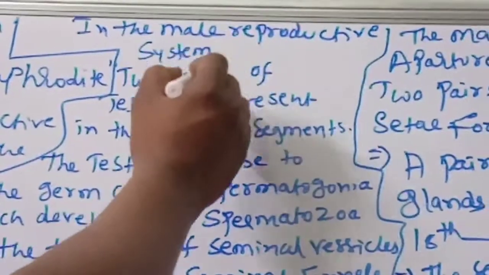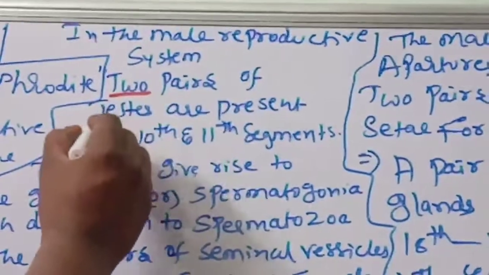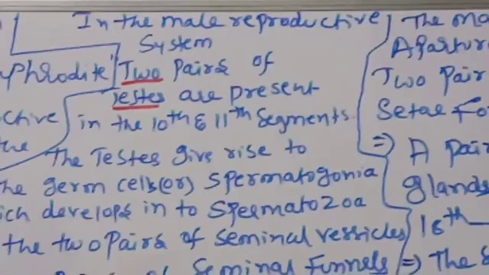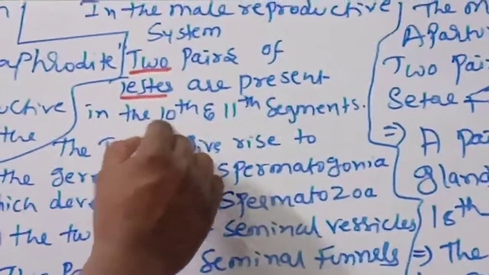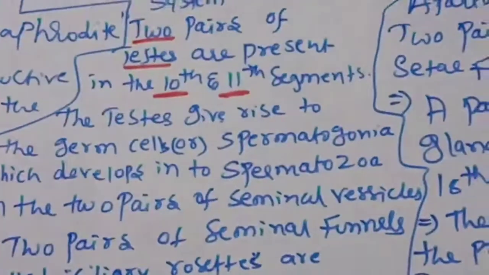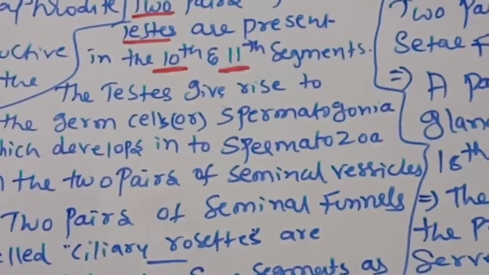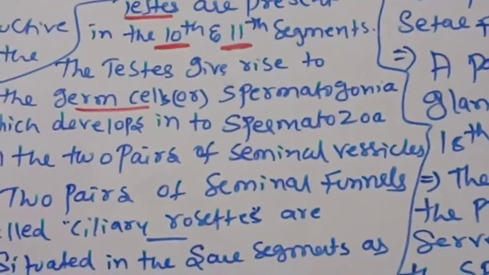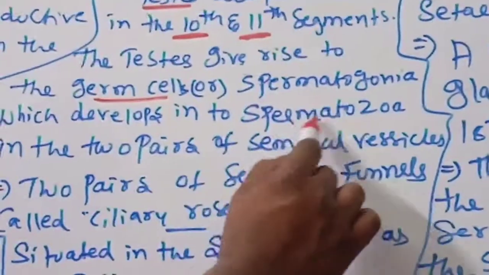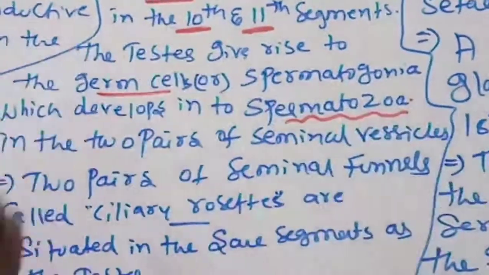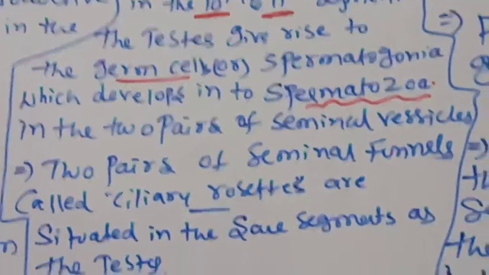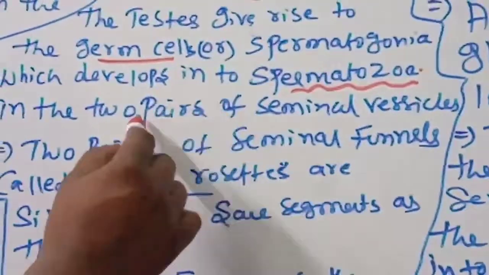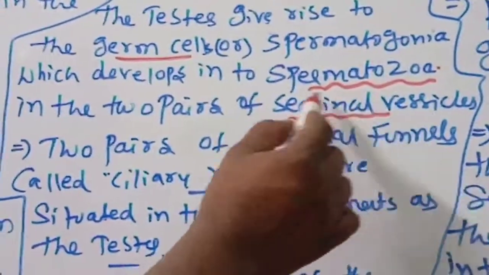In the male reproductive system, how many pairs of testes? Two pairs of testes are present in the 10th and 11th segments. The testis gives rise to the germ cells or spermatogonia, which develop into spermatozoa in the two pairs of seminal vesicles.